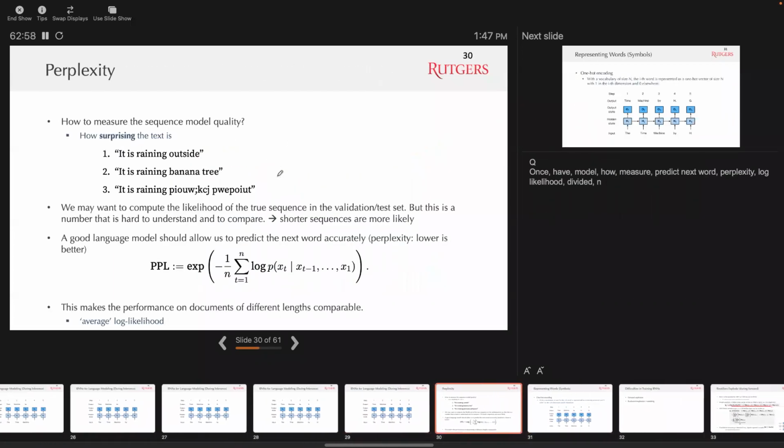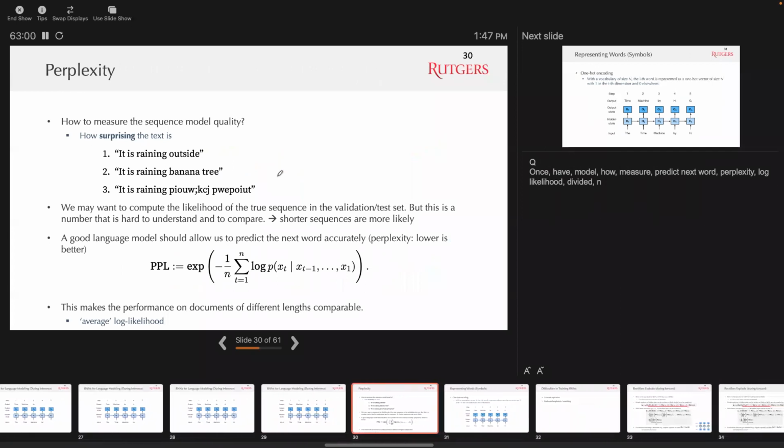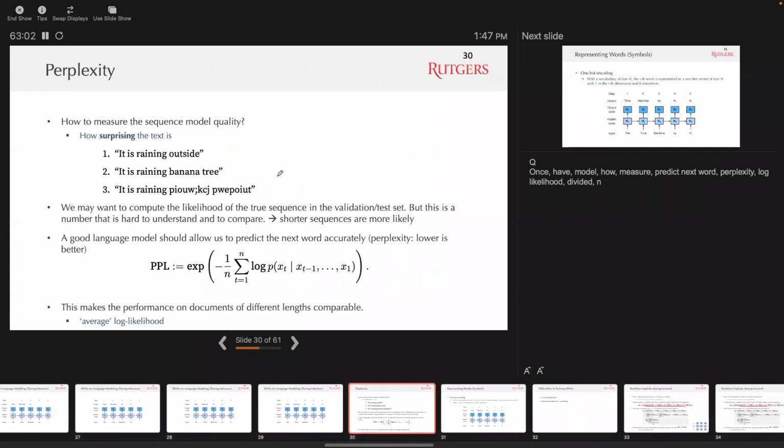so next, before the break, we're going to also briefly talk about how you measure your sequence model. You have a model to generate words or generate sentences. How do you measure how good your model is?